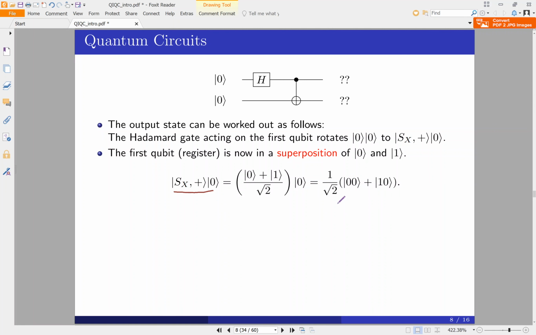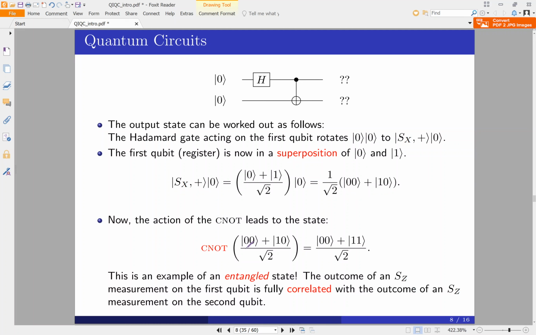Okay, now how does the C0 act on this kind of a state, where the 2 qubits are now in a superposition of 0, 0 and 1, 0? Well, the C0 should do nothing to the first vector in the superposition. Why? Because the control is 0, so it should do nothing to the target. So 0, 0 just gets mapped to 0, 0. But the second vector in the superposition, the 1, 0 state, remember, is modified by the C0.